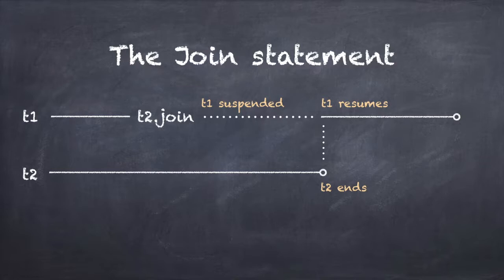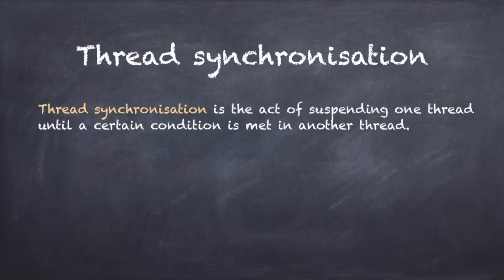Once the thread finishes, the other thread resumes. We can generalize this example to something more generic. Thread synchronization is the act of suspending one thread until a certain condition is met in another thread.